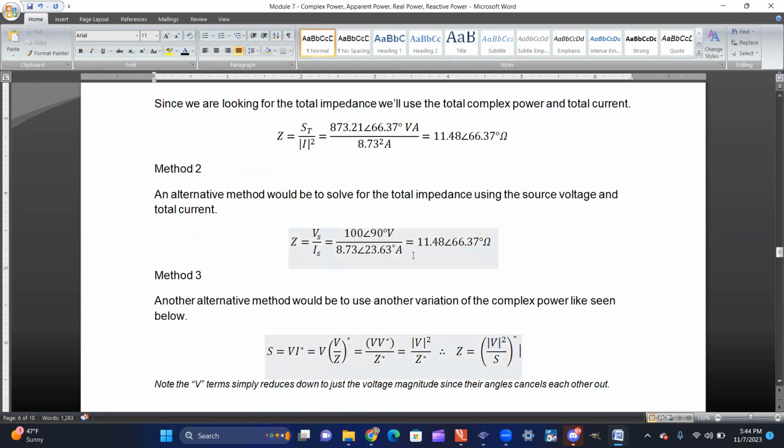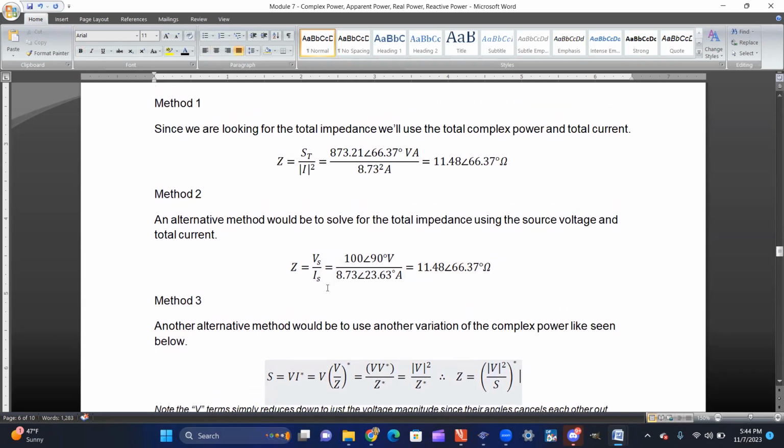It just all depends on what situation you're in, what you're given, what you're not, which will determine which equation would be most suitable for that situation. But the majority of the time, you probably will be using this one right here, or this one right here.